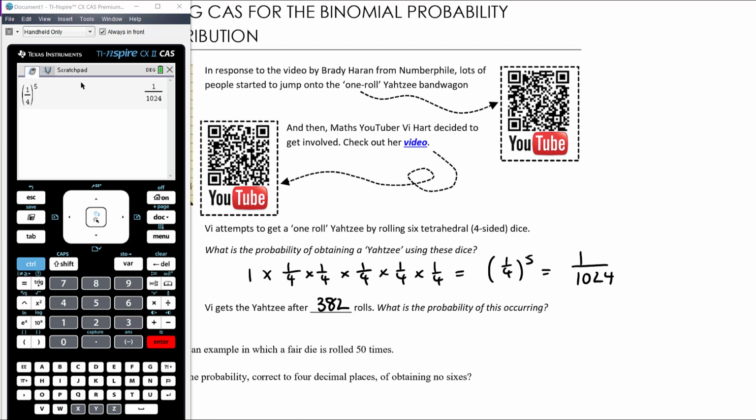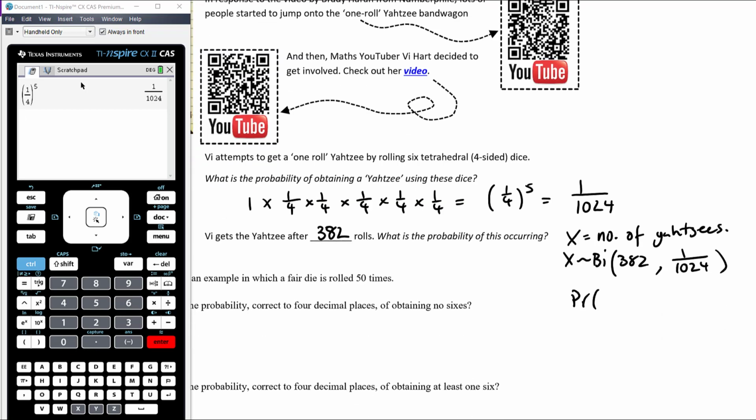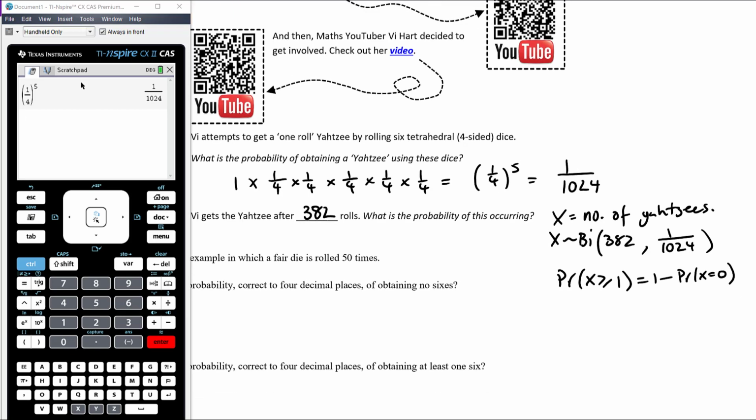So again, if we set this up, if x is the number of Yahtzees, x is a binomial variable, we're going to do 382 rolls in this instance. Probability of getting a Yahtzee at each roll is 1 in 1024, and we want to know what's the probability that she gets at least 1 in the 382 rolls, which is 1 minus the probability that she gets no Yahtzees in the 382 rolls.